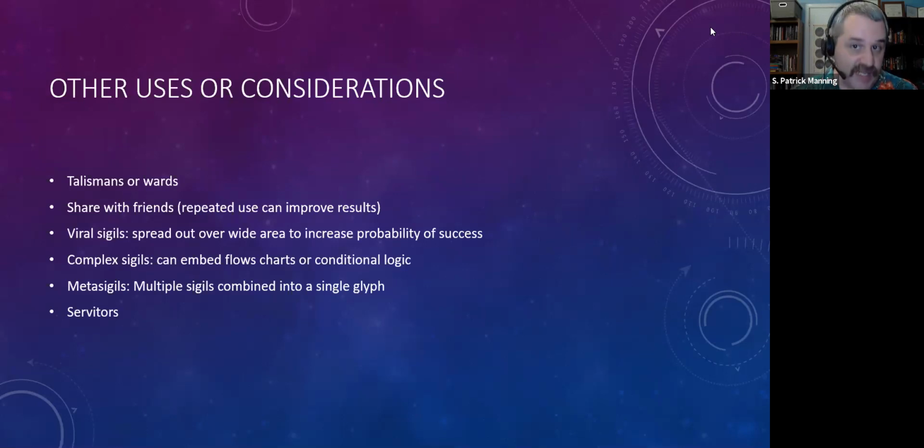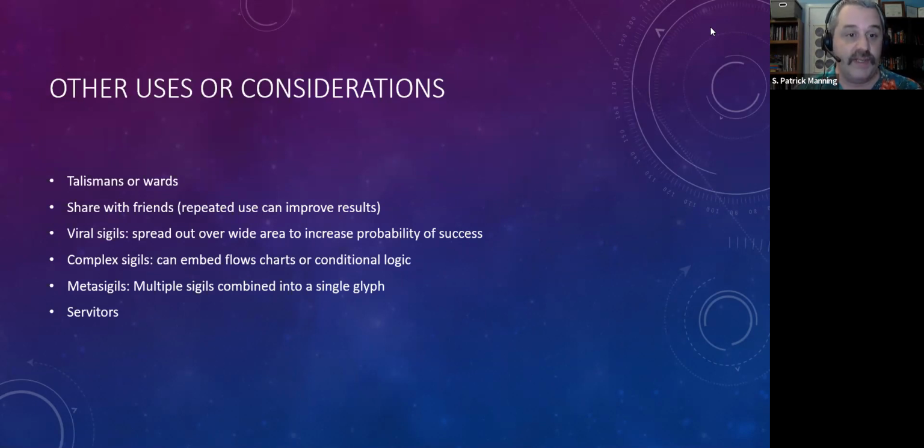Do I have to do anything to maintain it? Do I have to do anything to recharge it? Sigils are usually one shot. You launch it and it's gone. It's the equivalent of launching an arrow or firing a gun or something like that. It's there and it's done. You do have the ones that you can put off, but most of them are used for enchantments.